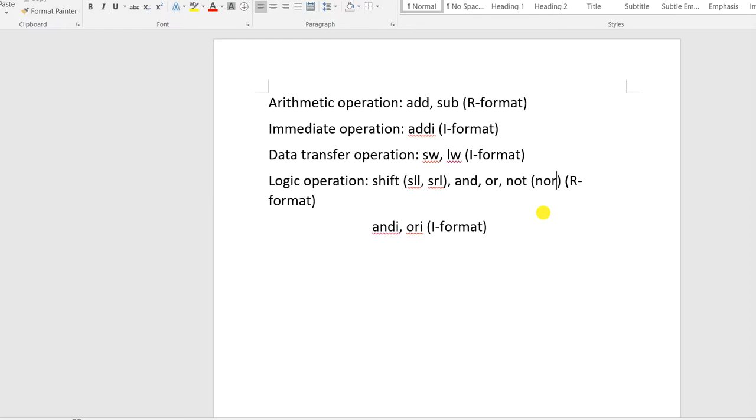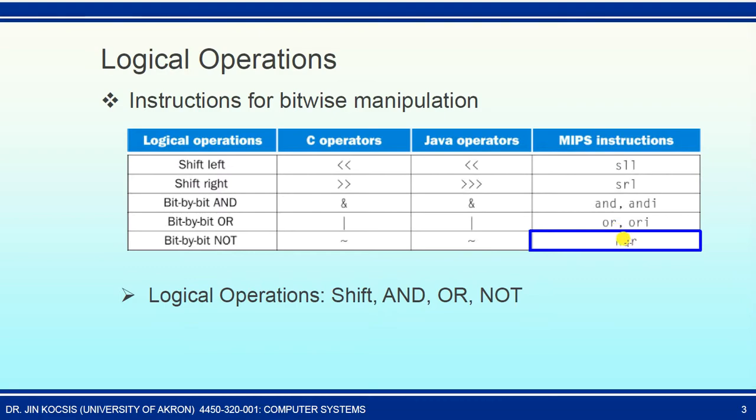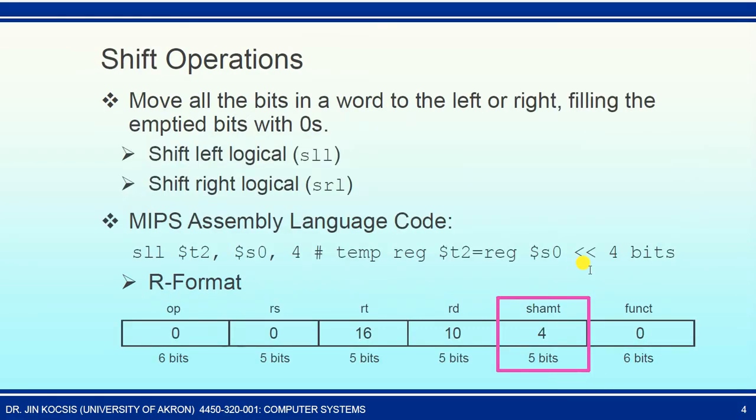So why is it not like the other ones, represented using NOT directly, but instead we're using NOR? I want you to ask yourself this question. Try to think a little bit and carry that question for the rest of today's class. We will answer this question together. All right. So now we will talk about these few logic operations individually.